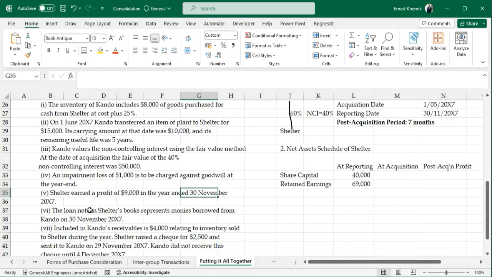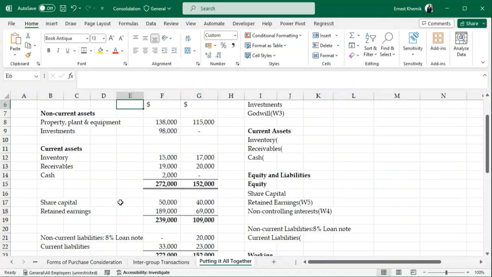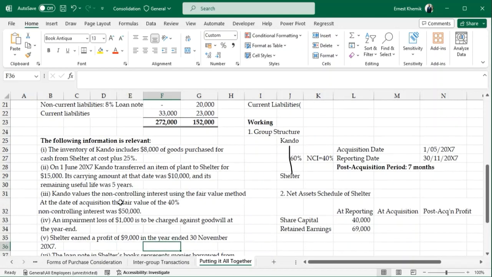This 20,000 is included in the investments amount, because the subsidiary has borrowed, but in the books of the parent it is an investment because you're going to receive interest. Right, but this transaction occurred at the year end, hence no interest to be earned.